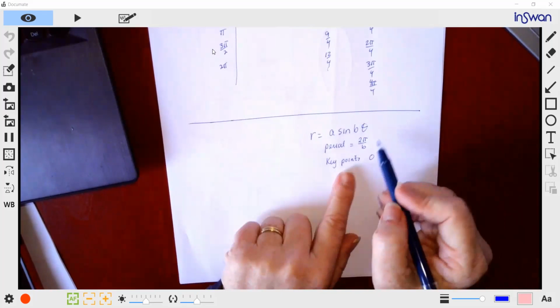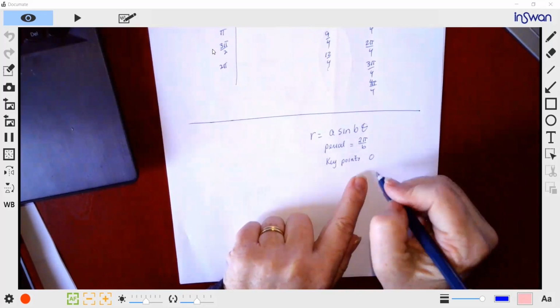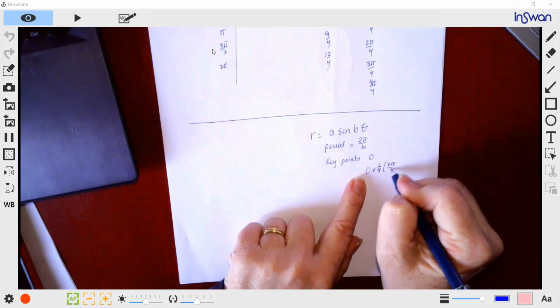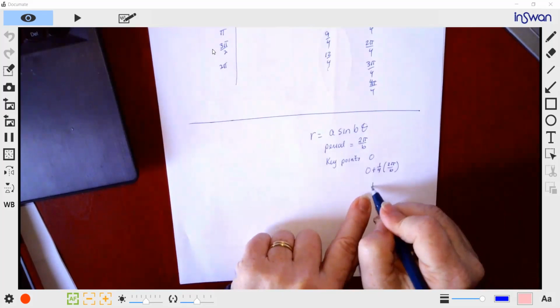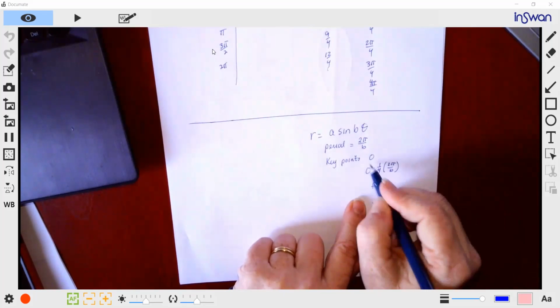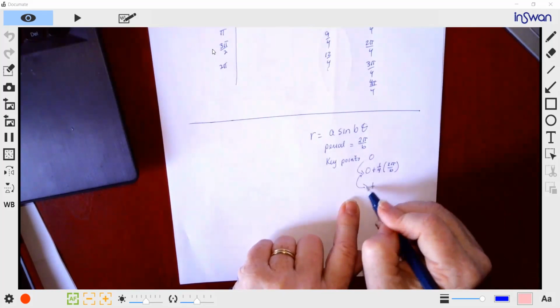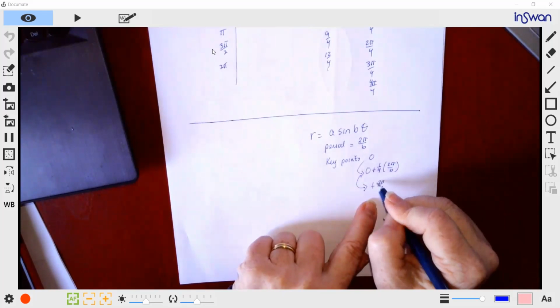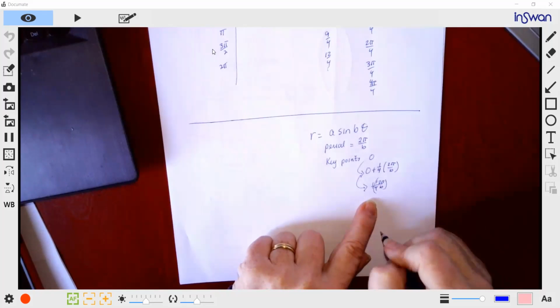Then you add 1/4 of the period. So it'd be 0 plus 1/4 of 2 pi over B plus another 1/4. You take this one, add 1/4 of the period to get to this one, add another 1/4 of the period, and so on and so forth.